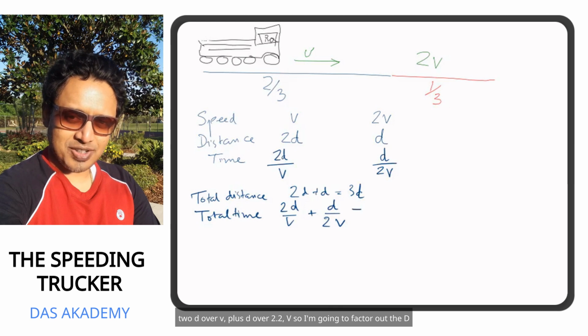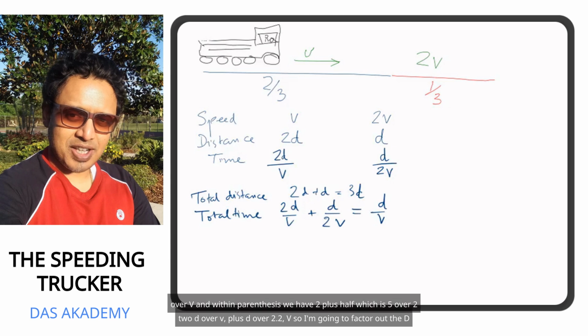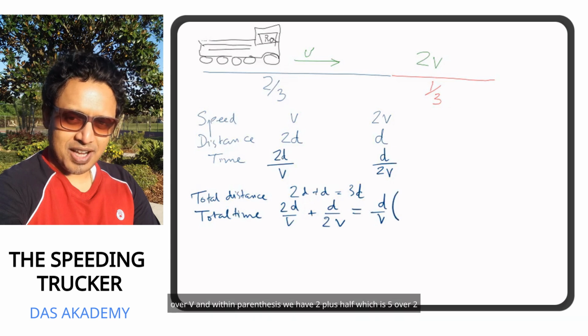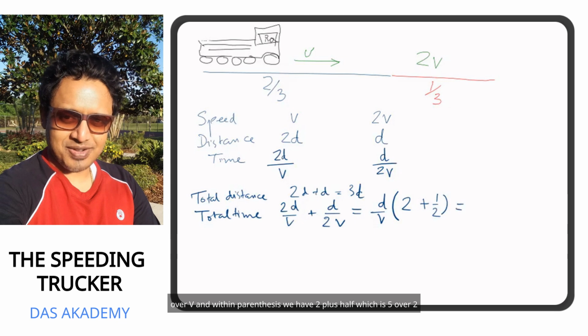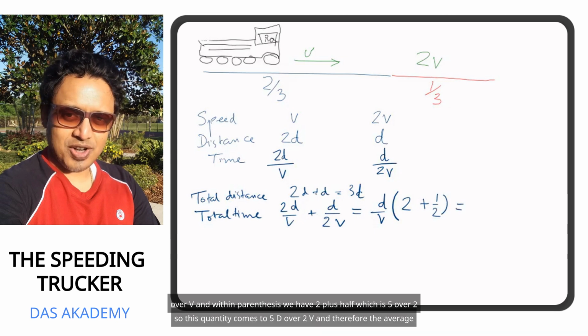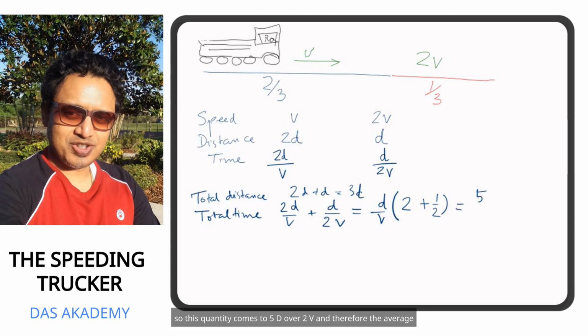So I'm going to factor out the d over v, and within parentheses we have 2 plus half, which is 5 over 2. So this quantity comes to 5d over 2v.